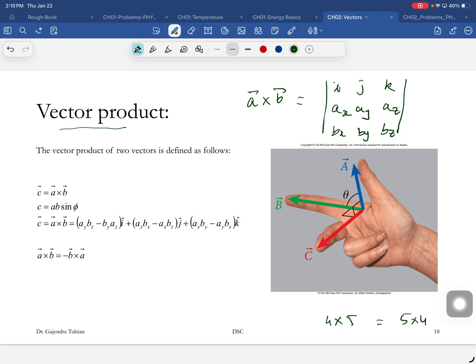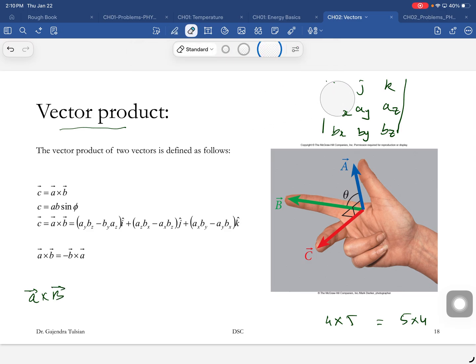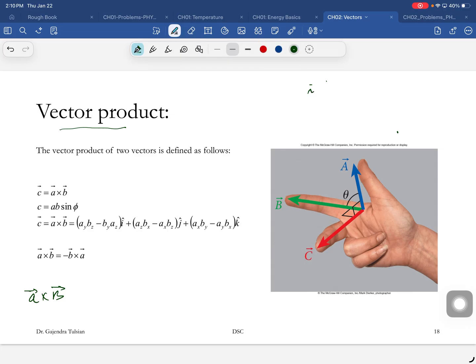You turn a screw from a to b, from the first vector to the second vector. Which way would the screw move? That is the direction of the cross product. You use your right hand, this is known as the right hand rule. You turn from the first vector to the second vector, and the cross product is perpendicular to the plane containing the two vectors. Very good.